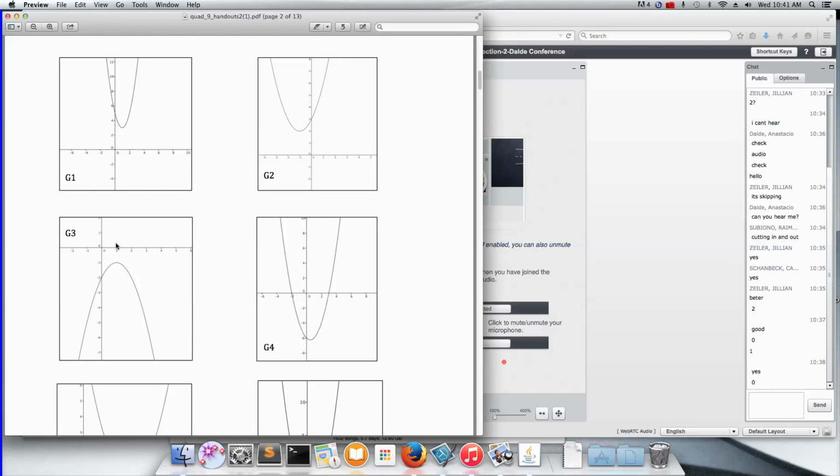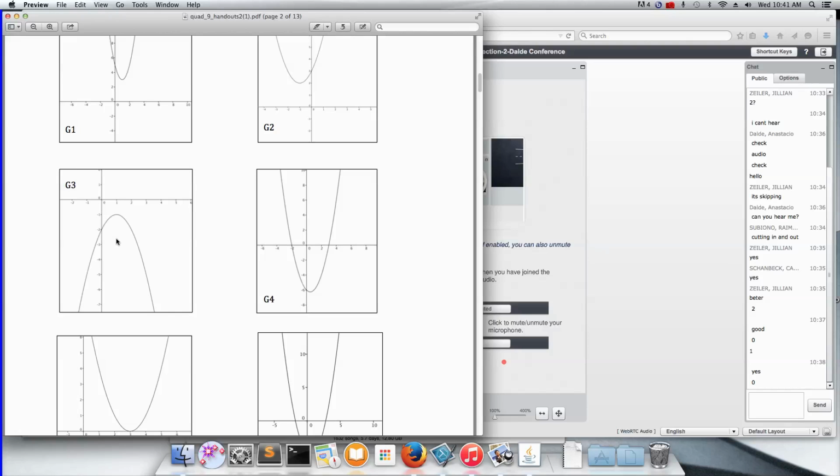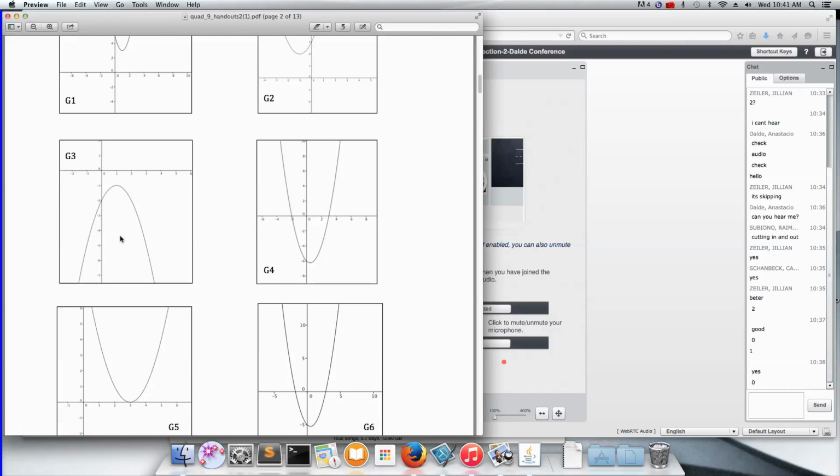Yes, exactly. So a parabola can touch a horizontal axis 2 times, 1 time, or 0 times. If we're talking about a parabola, it can have one of 3 different possibilities. It could cross the x-axis twice, it could touch it once, or it could not touch it at all.